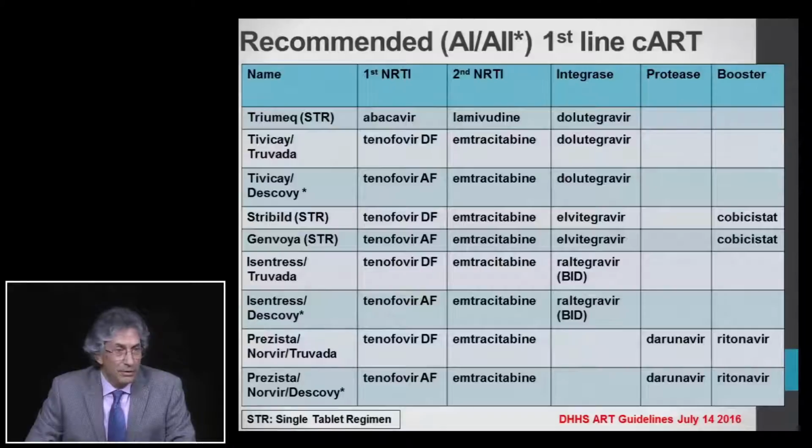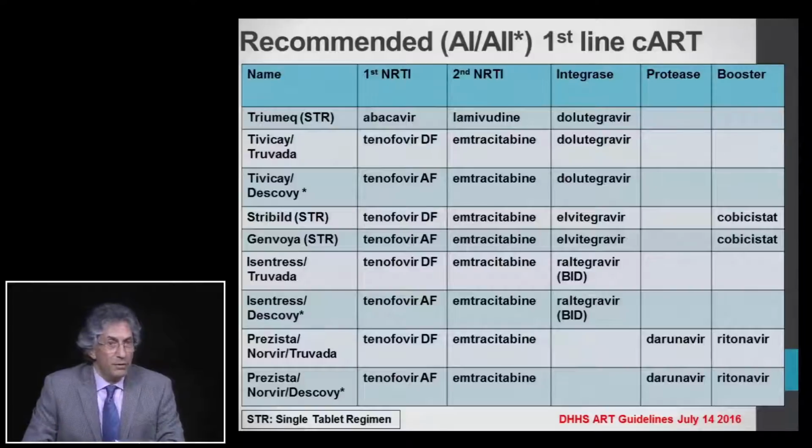You see these are labeled STR, which means single tablet regimen. That means that all the medications for HIV are in the one tablet. 3 or 4 drugs are in the one tablet, and the single tablet regimens are very popular. And then I'm going to talk about Prezista with Norvir, the Norvir boosted protease inhibitor, for a couple of specialized circumstances, even though that's 3 pills a day instead of 1.